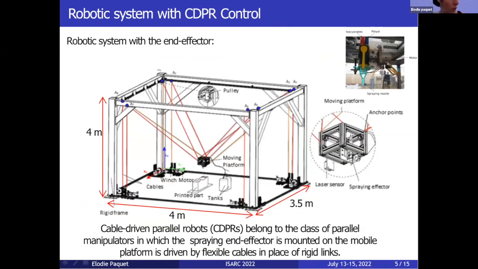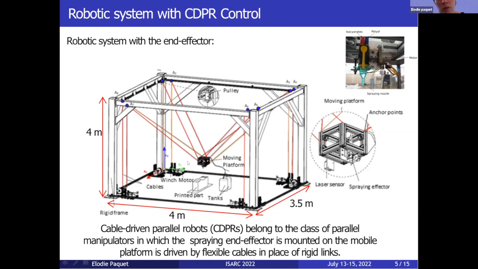A CDPR is a cable-driven parallel robot, a class of parallel manipulator in which the end effector is mounted on a moving platform driven by flexible cables instead of rigid links.